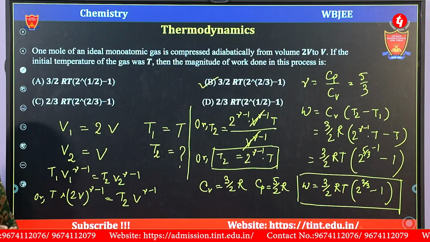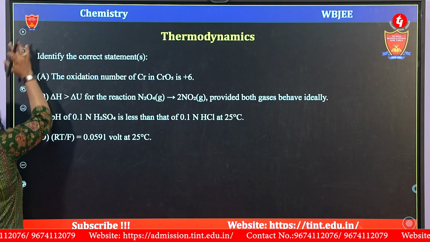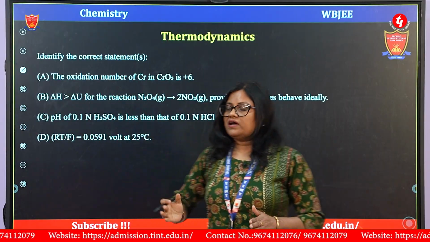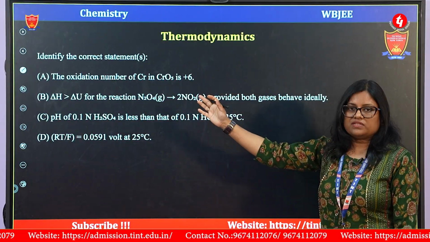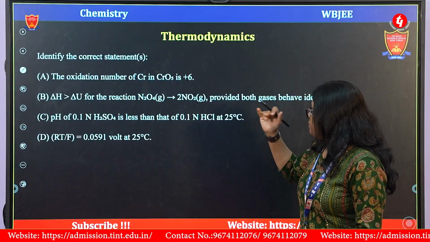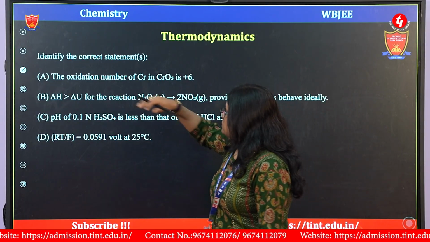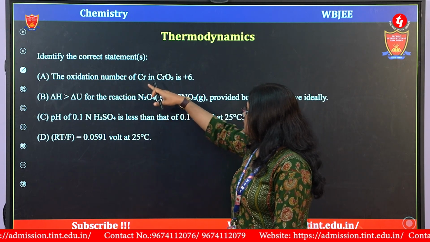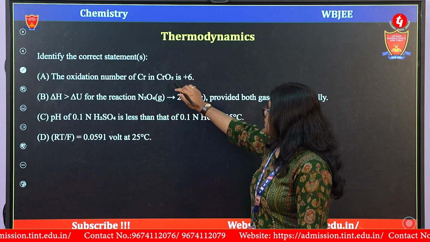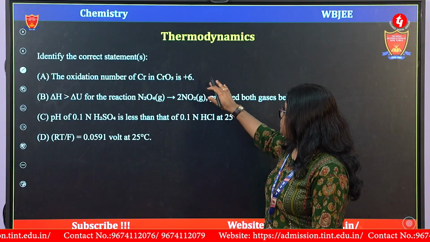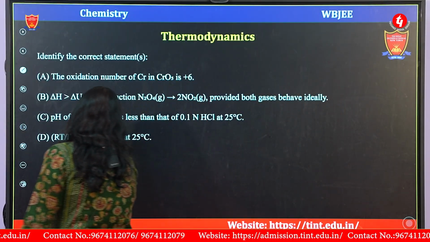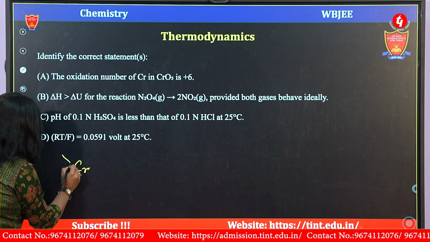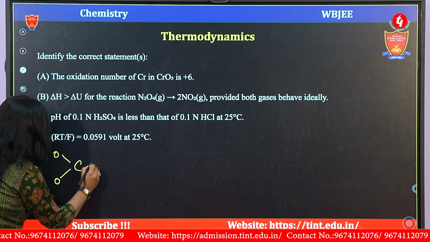Okay. Moving to the next question. This is a mixed type of question. Here thermodynamics is also there, and some other part is also there. Identify the correct statement. The oxidation number of Cr in CrO5 is +6. This is the structure of CrO5.